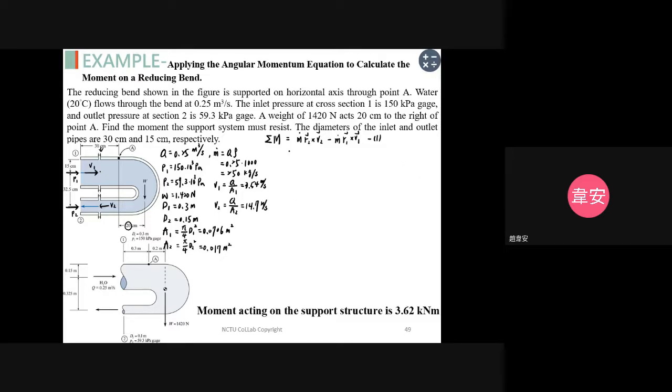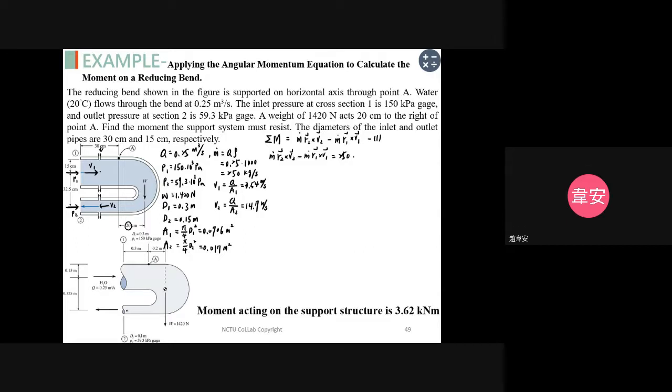Okay, so we first compute the angular momentum balance. We write down the M rate here, and we have R2 cross V2 minus the M rate, R1 cross V1. First, the M rate is 250 kilograms per second, and we take a look.